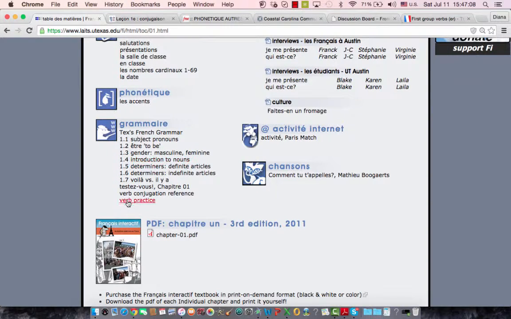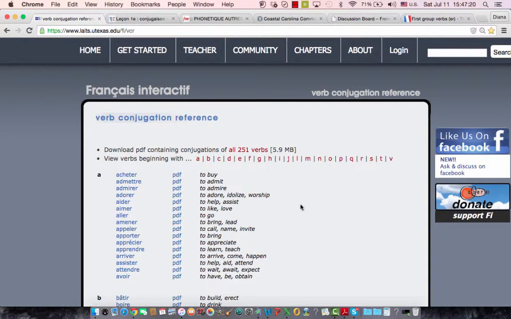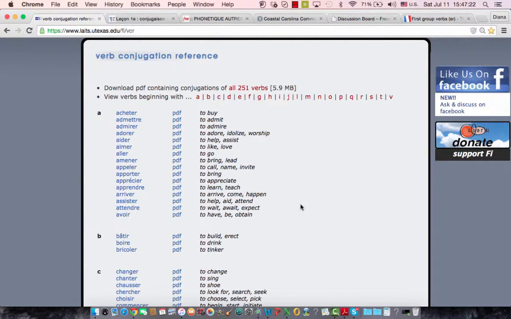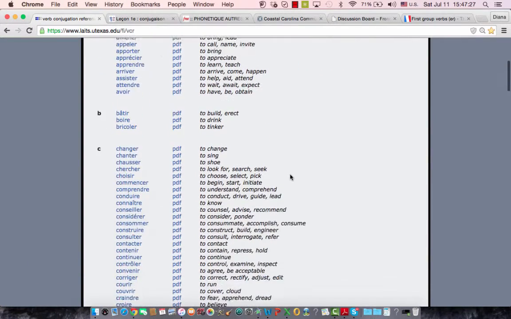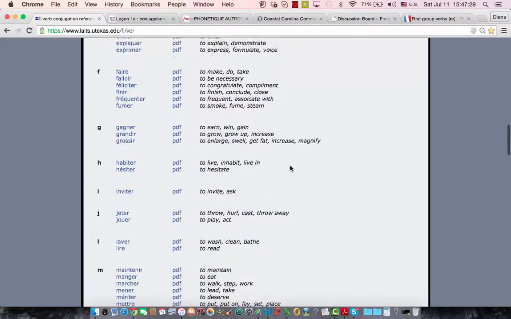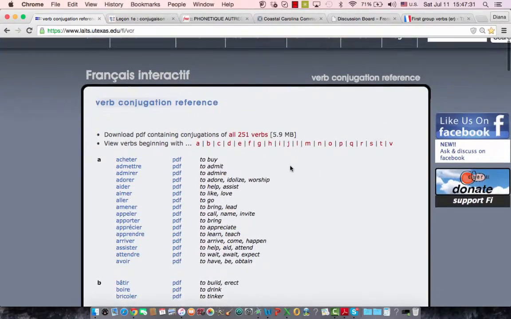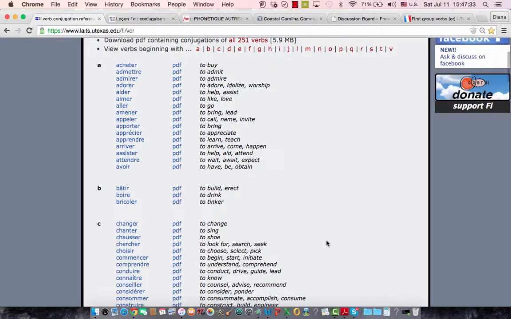In the grammar section, you will find here the verb conjugation reference, which I recommend you save in your preferences. And as you can see, it takes you to that page where they have 251 verbs listed alphabetically with their conjugation. So either way works for you as long as you review them.